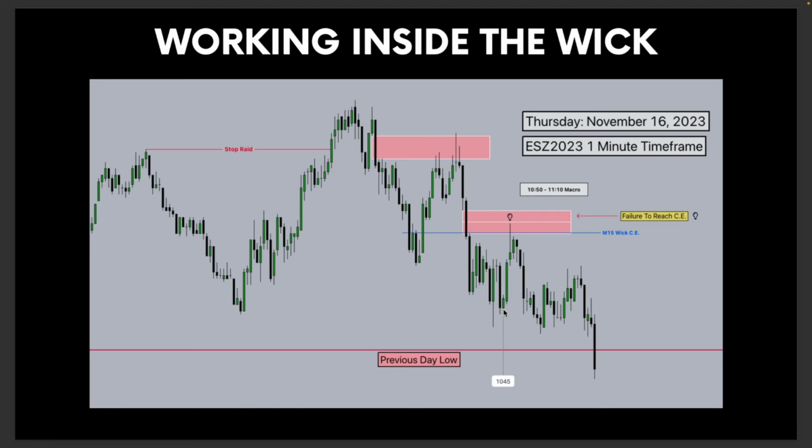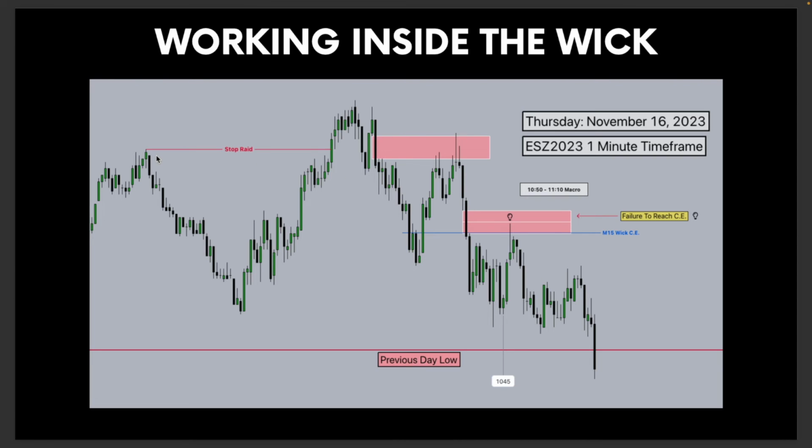As you can see here, we have that 1045 opening candle. So the opening of a 15-minute candle, and this is that 15-minute open, high, low, close. Okay, so this is that manipulation leg into a SIBI here on the 1 minute, but also just above that 15-minute wick CE, giving us that immediate rebalance.